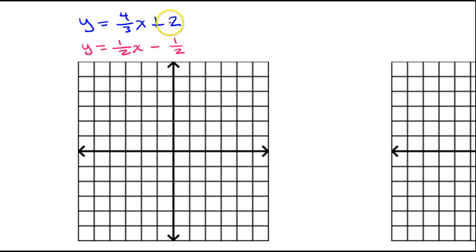So let's see, starting with the blue equation, the y-intercept is 2, so there's my 2. Now the slope is 4 over 3, so that's up 4, right 3. And let's continue this to the left by going down 4, left 3.